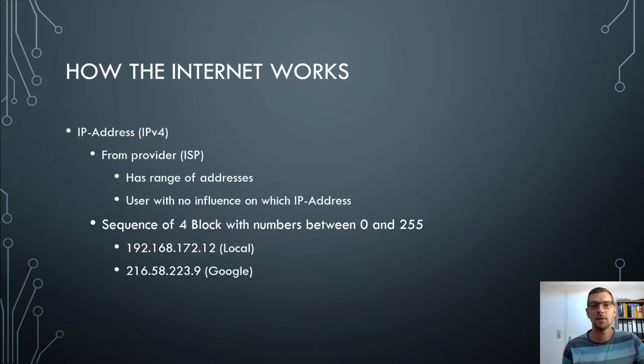And we as a user don't have an influence on which IP address we receive from our provider. It simply gives us one. And it is built up by 4 blocks of numbers between 0 and 255.